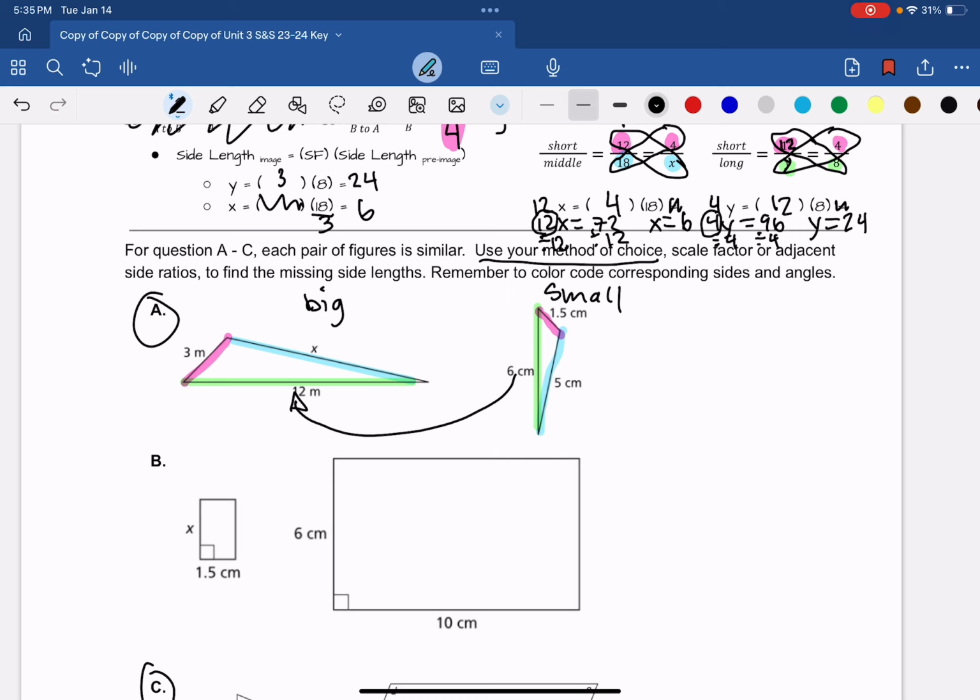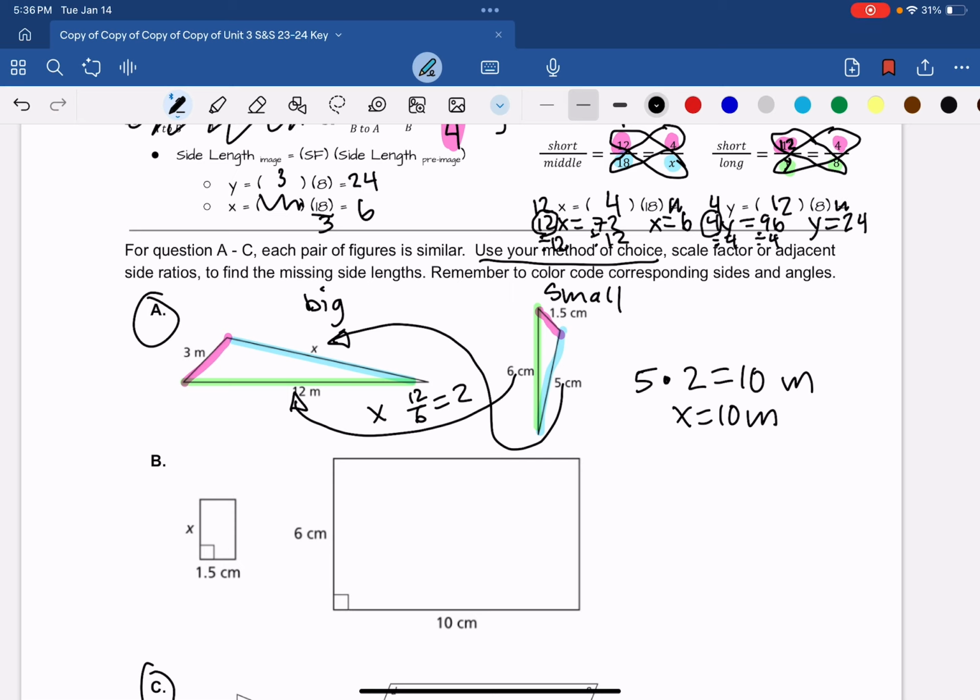Let's see. 12 divided by 6. Your scale factor is 2, right? That means that triangle is 2 times bigger. When you multiply that blue leg by 2, you're going to get 10 meters. There you go. X is 10 meters. You know what? I'm going to, instead of that multiplication symbol, I'm going to use a dot so we don't get confused.